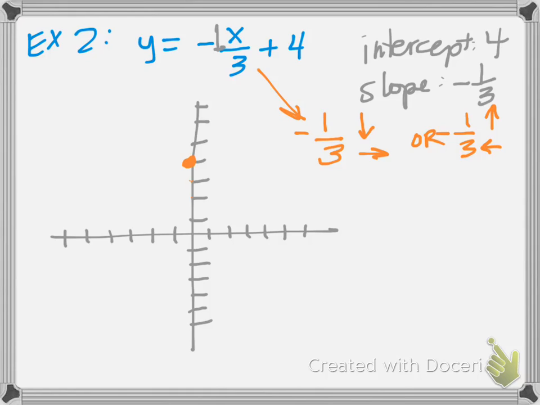So down 1, 1, 2, 3, down 1, 1, 2, 3. Connect your points. This was a negative slope because I had the negative right there. And this is a negative line because it goes down from left to right, so that matches up.